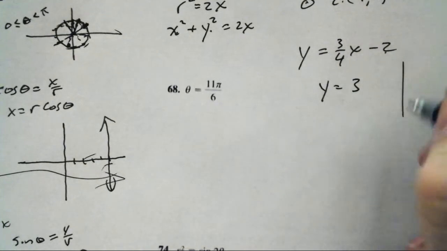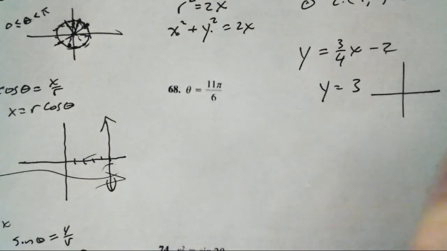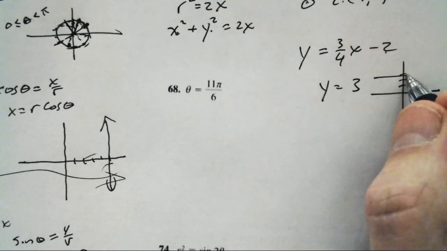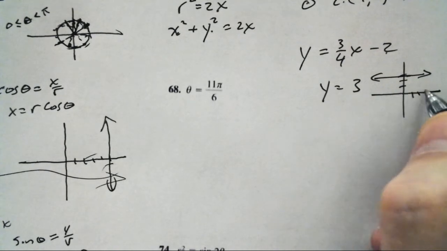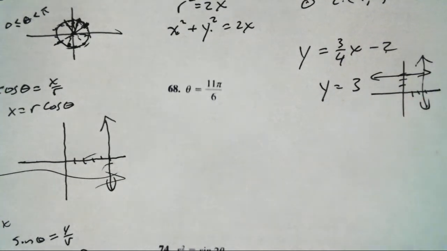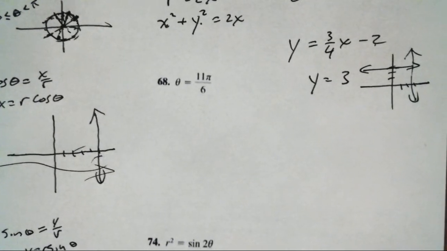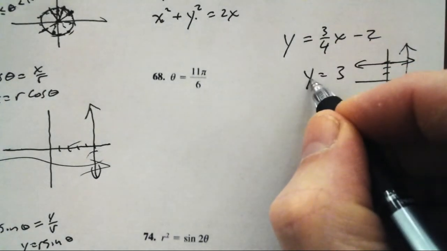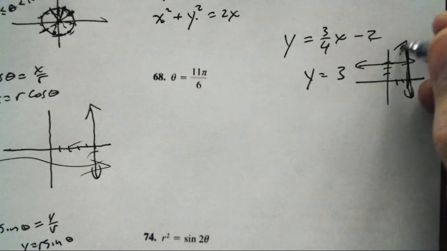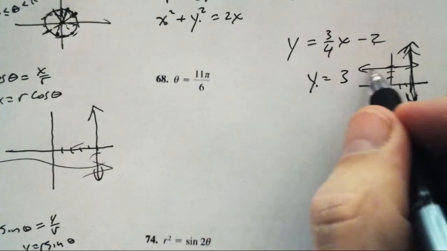y equals 3. I can tell you I've been doing this a long time, and I've seen awfully good students graph that either this way or that way. And I think the thinking behind it is, well, y equals, y goes up and down, so it must be this. But I would read this as the height is always 3.